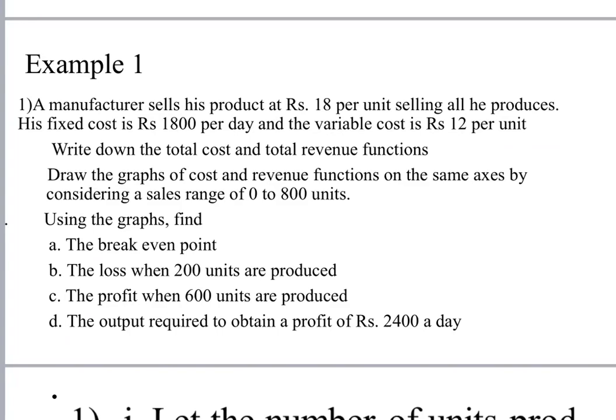Based on this given information, now you can learn how to write down the total cost and total revenue functions. We will learn to draw the graph of the cost and revenue functions on the same axis, considering the sales range from 0 to 800.